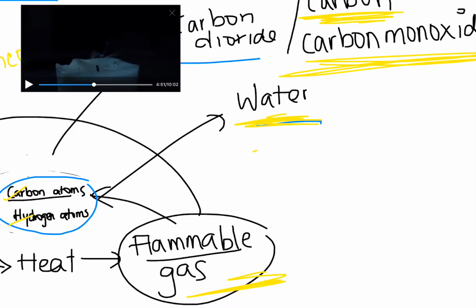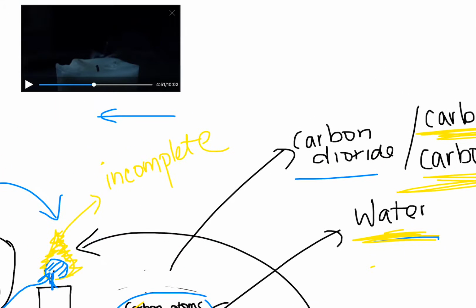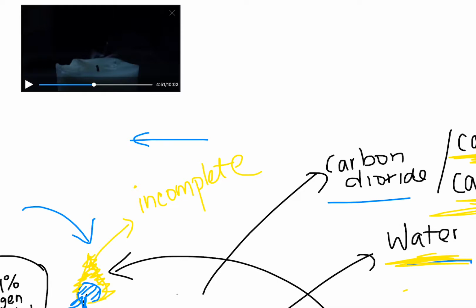So that cloud you see here is water vapor. Hot water vapor is getting cooler because you switched off the flame. That's what you see as that smoke, a mixture of smoke and flammable gas. If you relight this, it is this flammable gas that will catch fire. See the smoke? And I'm relighting it.